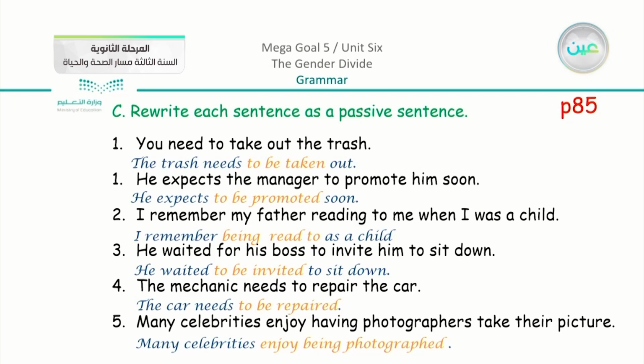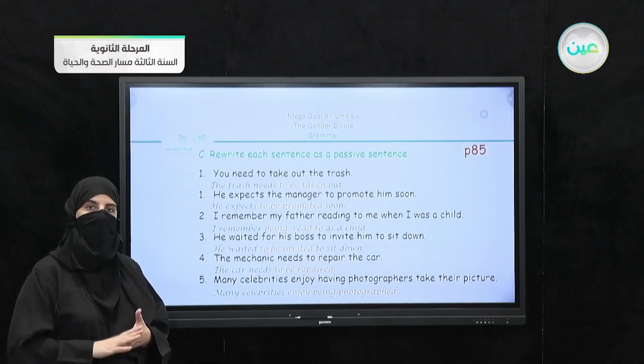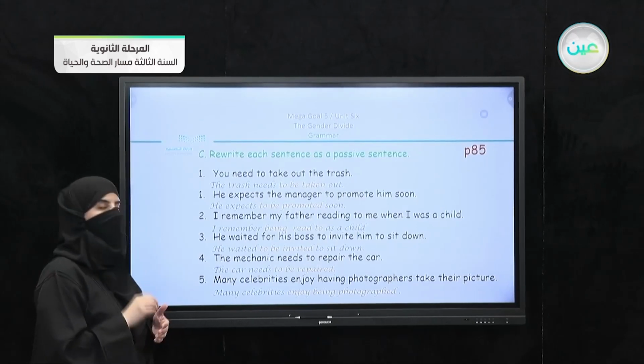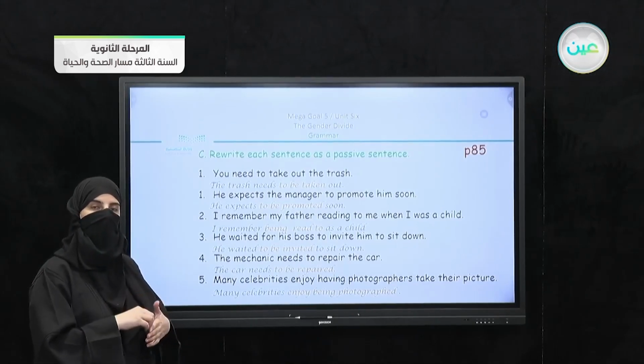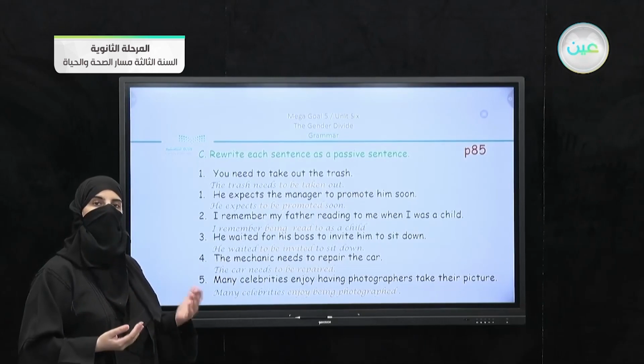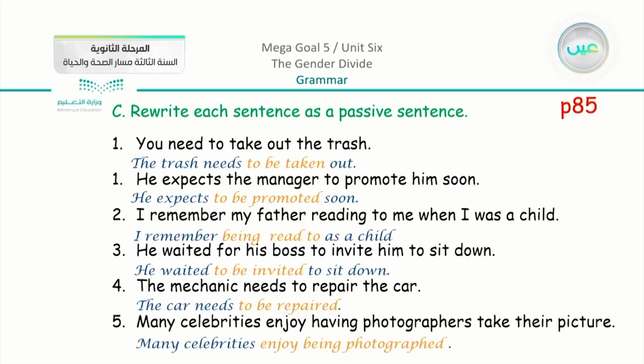Now remember that we are turning these sentences into passive, so you are going to take out the subject and focus on the basic sentence. Is it using a gerund or an infinitive? In number 3, he waited for his boss to invite him to sit down. We do have the infinitive, which is going to be used also in the past.